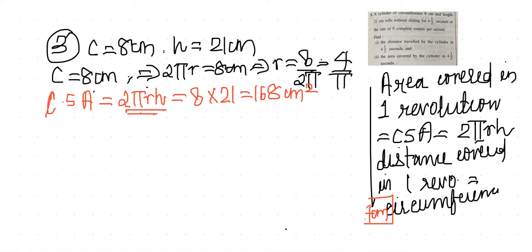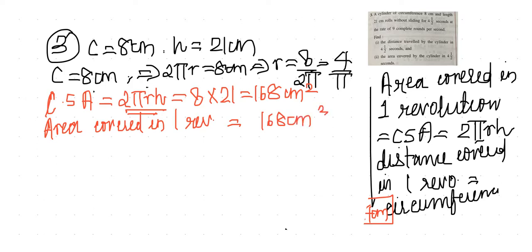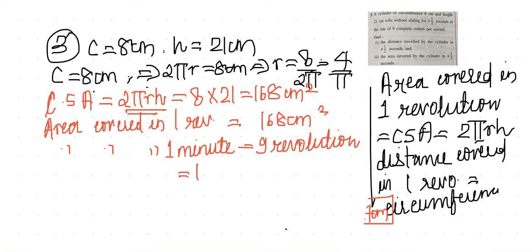Then you will be writing, area covered in one revolution is equal to 168 centimeter square. Now area covered in 1 second is equal to 9 revolutions, which in turn will be equal to 168 into 9 centimeter square.